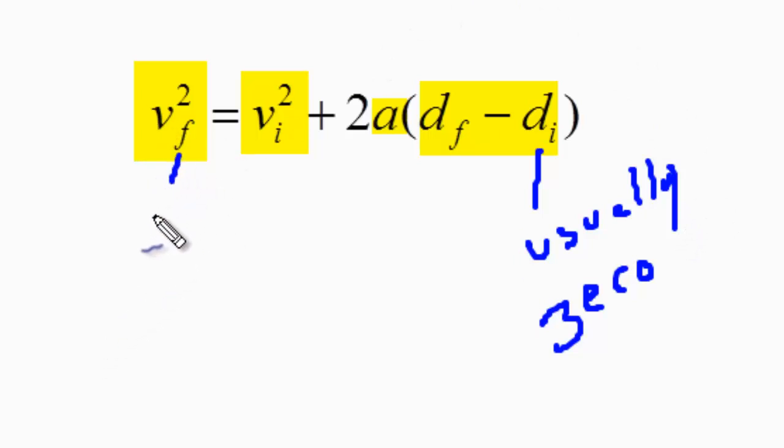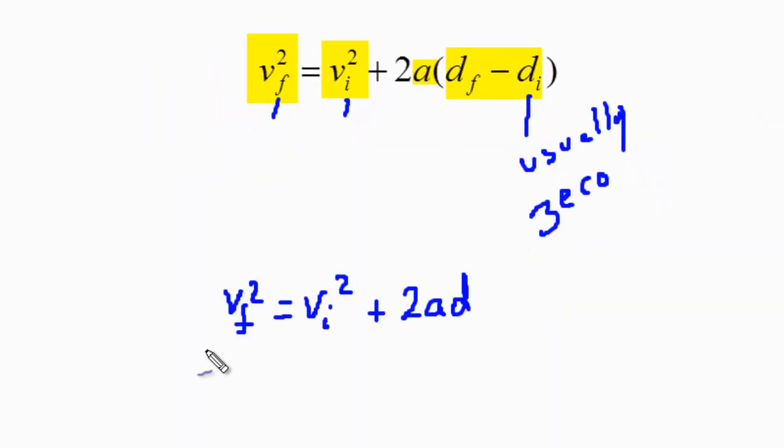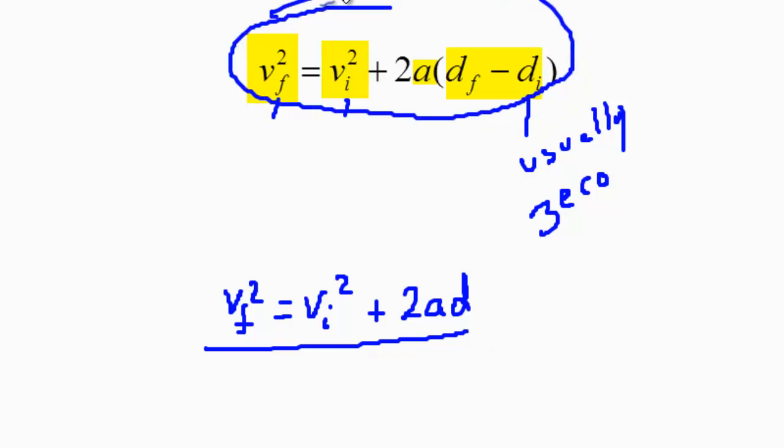VF is simply the second velocity or the final velocity. VI is simply the initial velocity. Because this DI is usually 0, we usually write this equation slightly differently. So you'll usually see the equation written with just a simple D in that final term, which makes it easier. But again, on the equation sheet, you're going to see it like that.